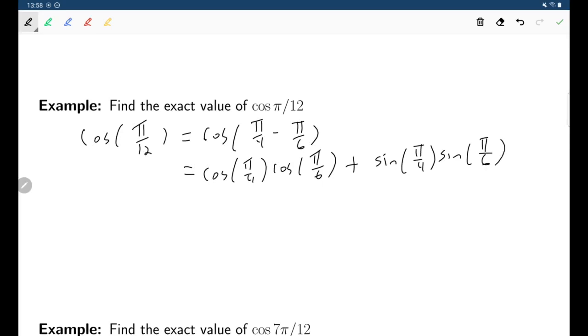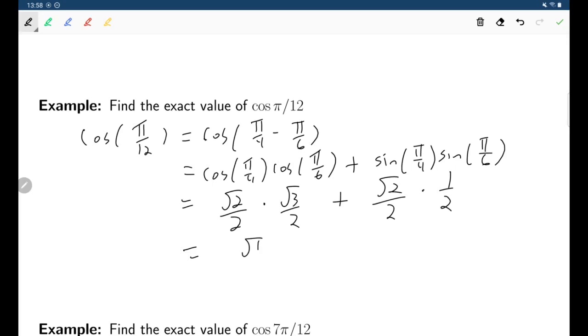And at this point, you just need to use your special triangles to find cosine of 45 degrees, root 2 over 2, cosine of 30 degrees, root 3 over 2, and then the same thing for sine, root 2 over 2 and a half. So I'm using my special triangles to evaluate those exact values of sines and cosines, and then simplifying.